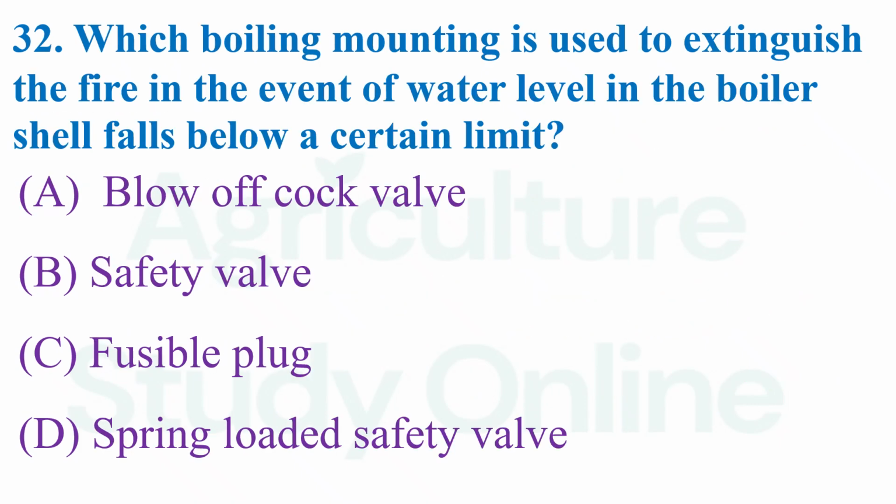Question number 32. Which boiler mounting is used to extinguish the fire in the event of the water level in the boiler shell falling below a certain limit? So it's a fusible plug. Option number C is the correct option. It is a safety device in boilers. It contains a low melting point metal.